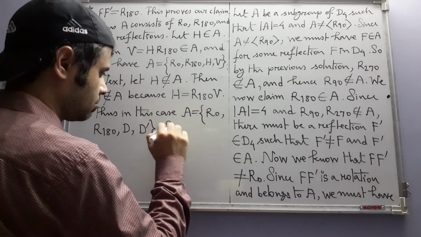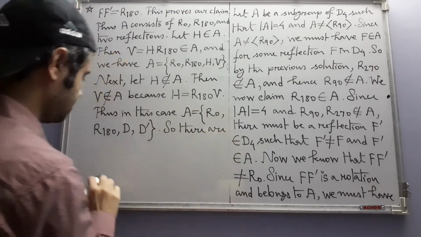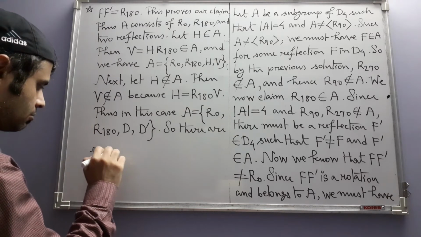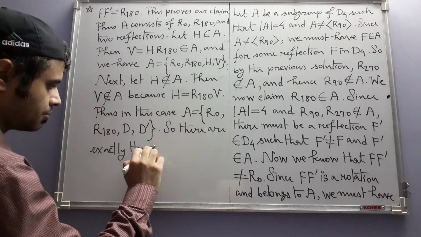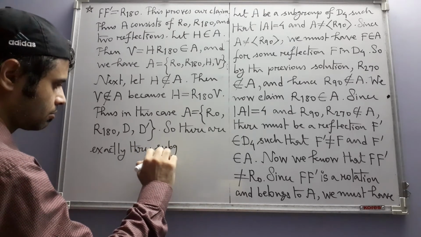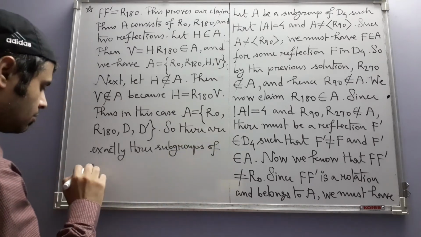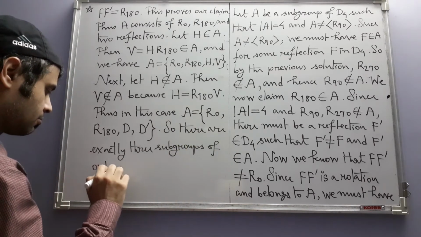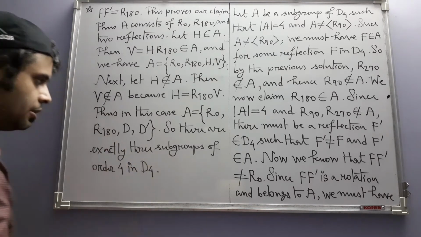So there are exactly 3 subgroups of order 4 in D4.